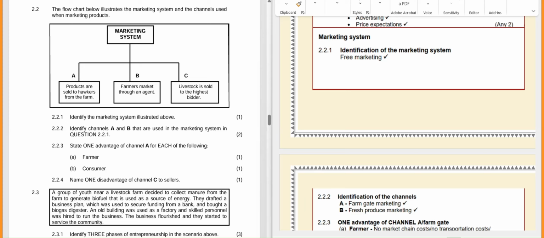B, farmers market through an agent, and I think this one matches with the fresh produce market, because fresh produce market is a free marketing channel where municipal authorities provide large facilities for the sale of fresh produce, such as fruits, vegetables, eggs, milk, and meat, by farmers or through agents.